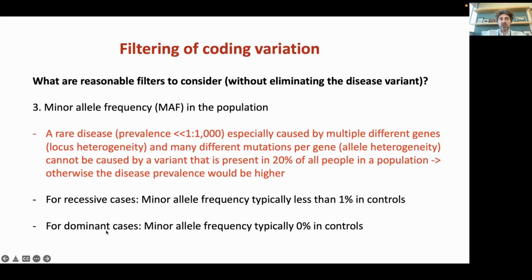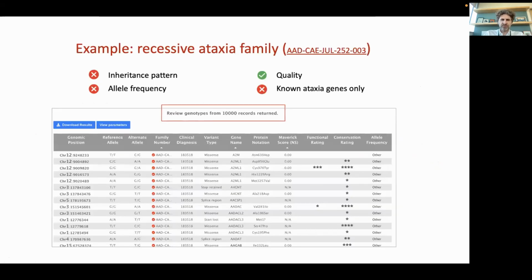Assuming they are fully penetrant, controls should actually get ataxias. Now, in these databases, of course, there might be a single case, sometimes two. And then it's difficult to make a decision, but there are certainly examples where true pathogenic variants are in these databases sometimes.